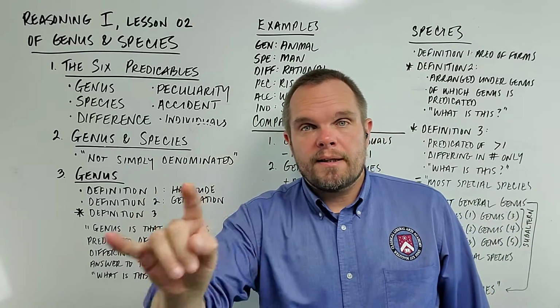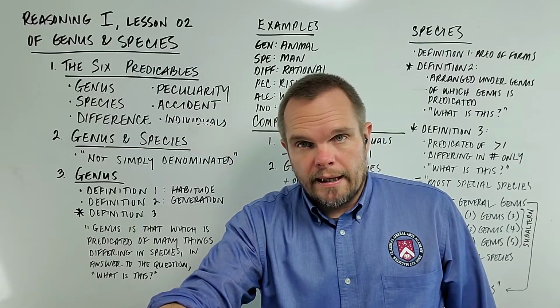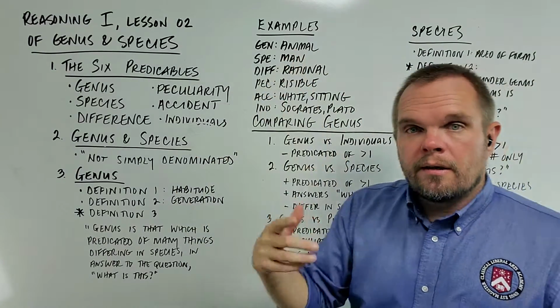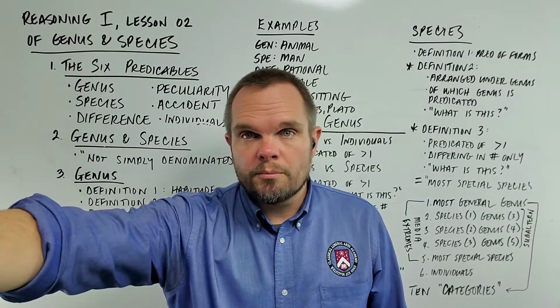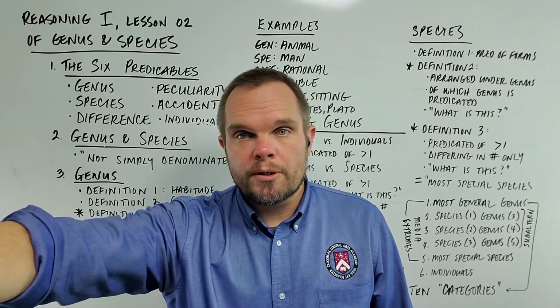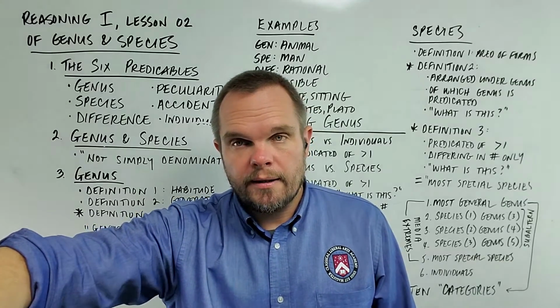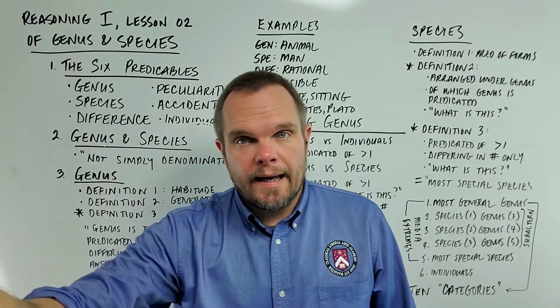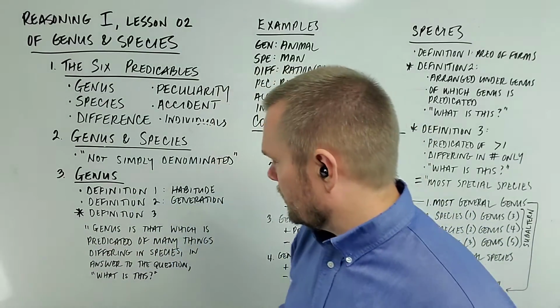That would be the identification of the species you're looking at. Another answer could be animal. And you could point to the rabbit or to me, and animal would be true of both, but man would only be true of one. Man is a species, animal is a genus that contains different species.